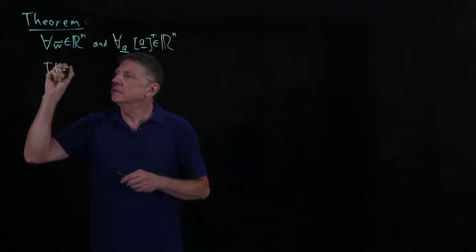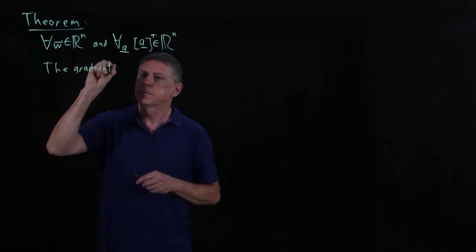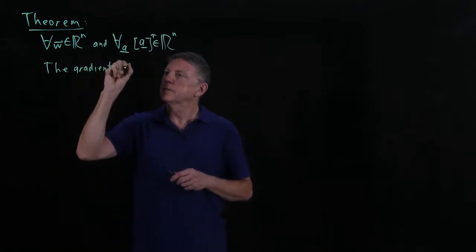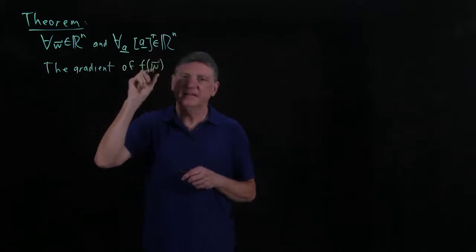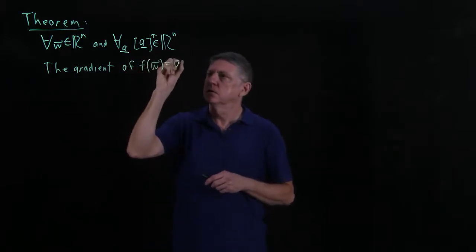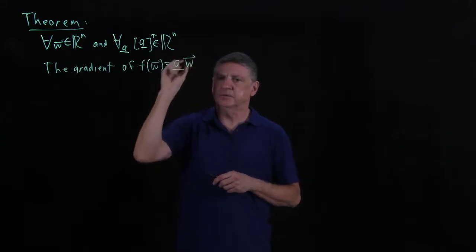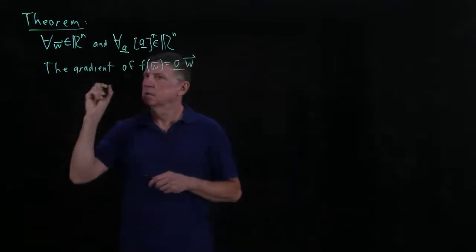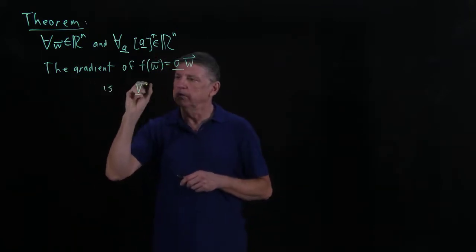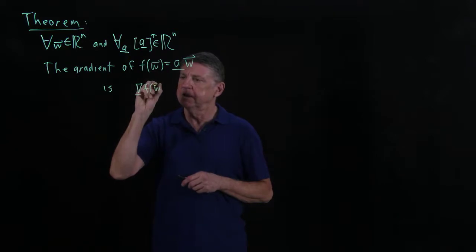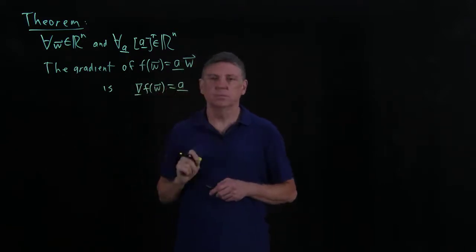The gradient one form of the function that is the product of the one form and the vector is the gradient one form of that function at that vector is the one form.